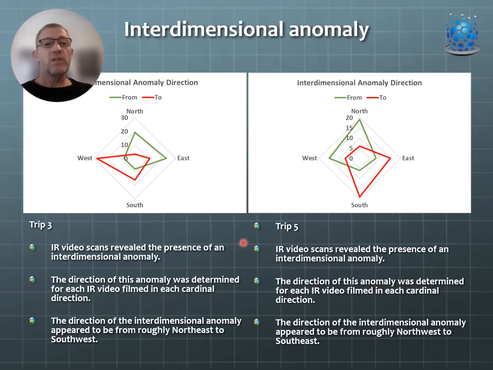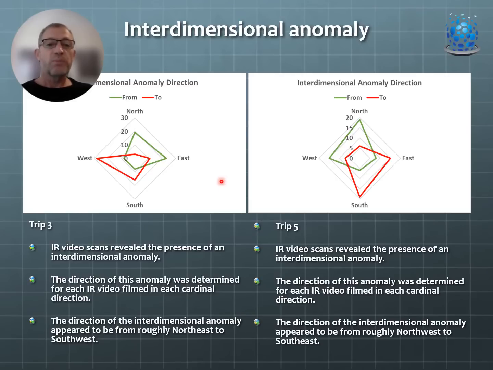In terms of the interdimensional anomaly, now in previous presentations this interdimensional anomaly was picked up in IR video footage as a kind of haze with what I call ghosting of orbs moving through it, and you can see that on the IR video footage, and we just looked at the direction of the ghosting to determine the direction of the interdimensional anomaly that was moving through the location.